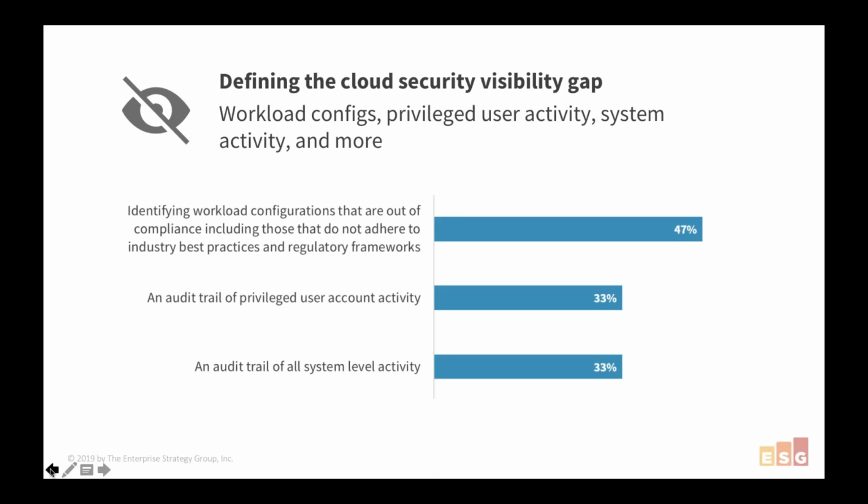So, being able to configure Kubernetes itself, a container, a VM against the well-known published CIS benchmarks is one visibility gap. Another one is having an audit trail of privileged user activity that connects with the related attack type of concern, and having an audit trail of system level activity, typically for compliance, but also for an incident response posture. So if you're doing an investigation on an incident or a breach later, you've got an audit trail for forensics purposes.